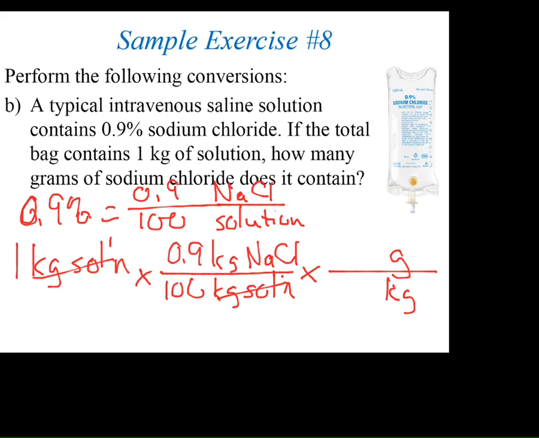What's kilo mean? 10 to the third, top or bottom? The opposite, yes. Now kilograms cancels and I have grams. So I'll punch that in my calculator: 1 times 0.9 divided by 100 times exponent 3. I got 9 grams.